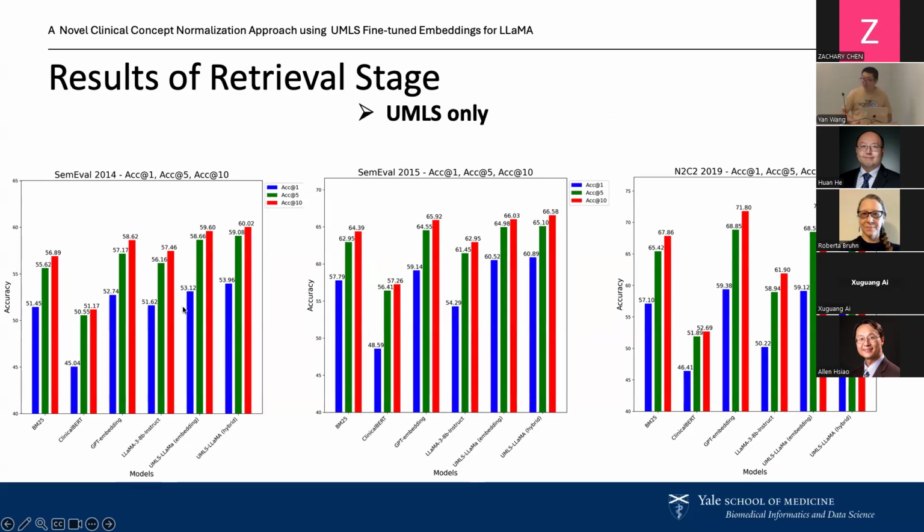You say UMLS only, you mean the zero shot is UMLS only? Yeah, because in the UMLS only, it's not good. It's just around 50 or 60%. Which one? Can you point to me?